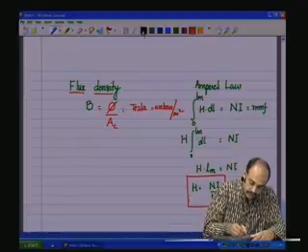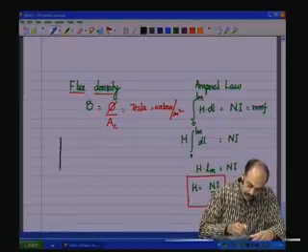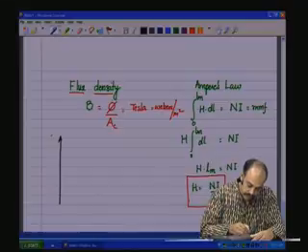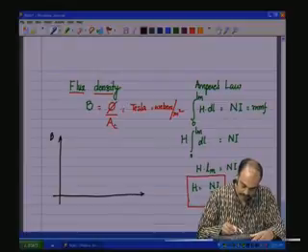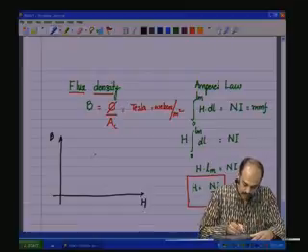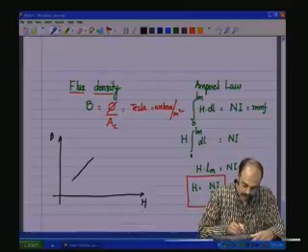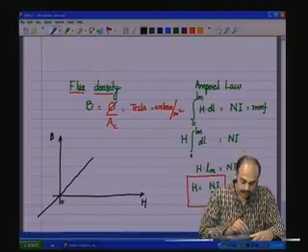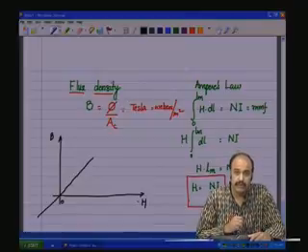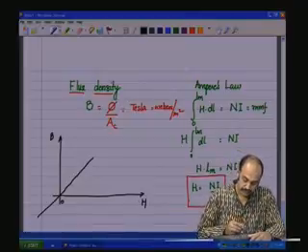Ideally, if we plot B and H, there should be a linear straight line. This is how it would be for vacuum, a free space.